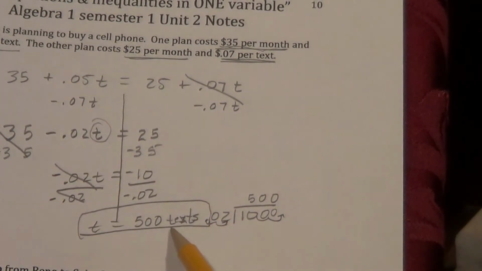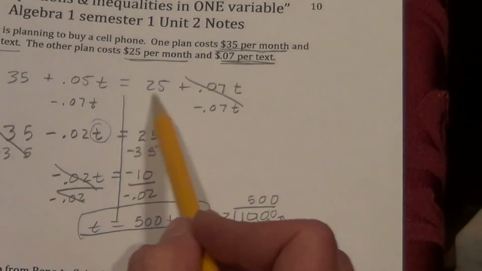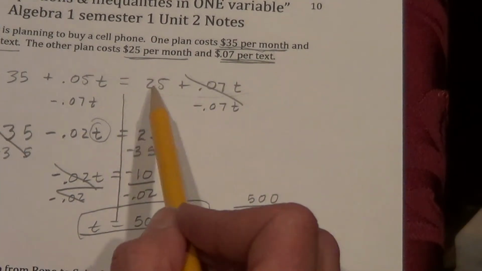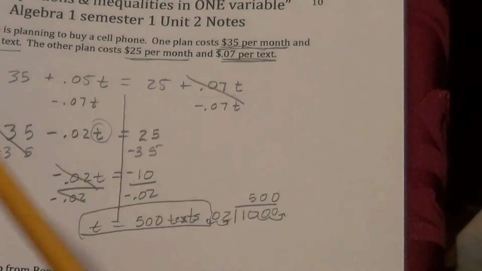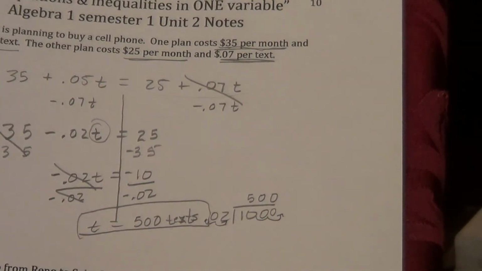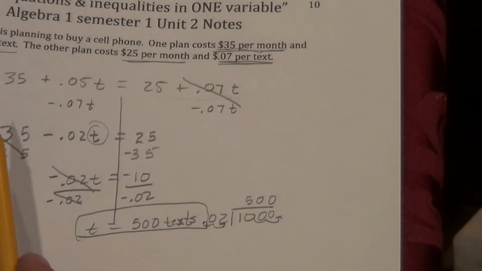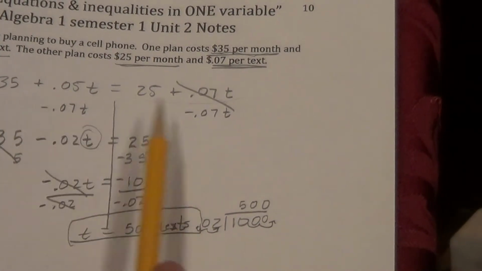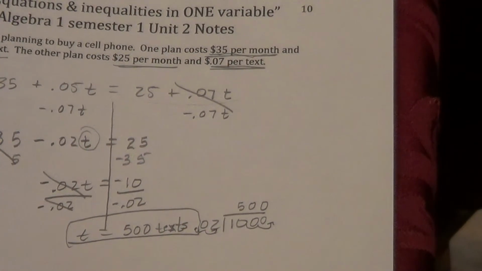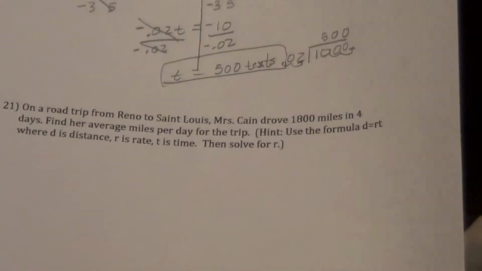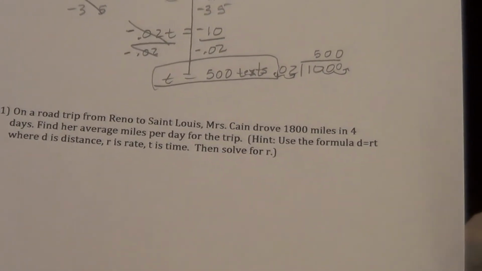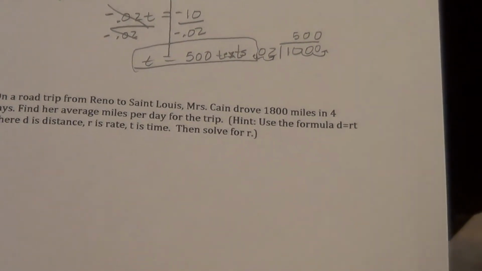But if you do under 500 texts per month, then go with this plan because you're going to save money where your base is only $25. And in order for you to be as costly as the other plan, you have to do over 500 texts. It's kind of useful to use that kind of information to help yourself be a smarter shopper.